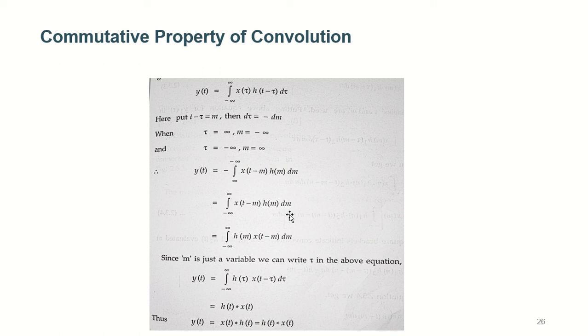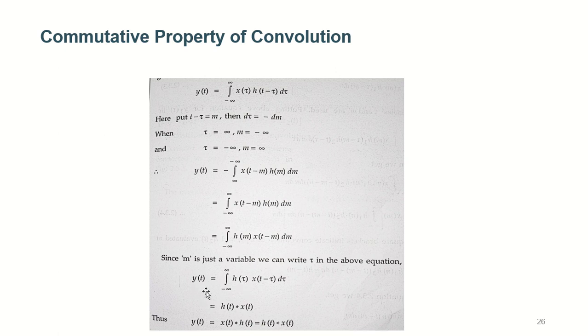Now we will just change the order of them. We will write h of m first and then x of t minus m into dm. And as m is just a variable, we can also write tau in the given equation. So instead of m, let's simply replace it with tau.